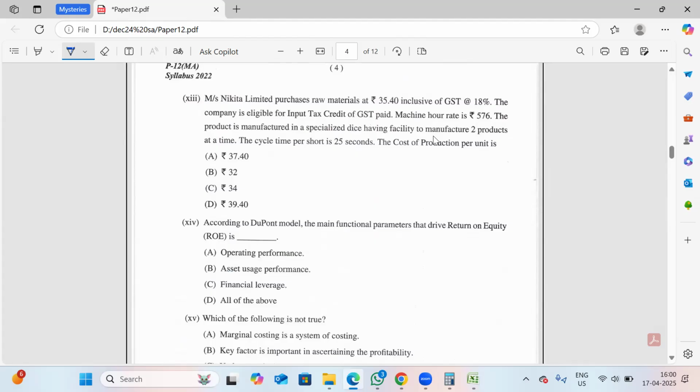Here, this GST part, I can claim it as input tax credit, so there is no need to include this in cost. So 35.4 is inclusive of GST, right? So this part is 118 percentage. So what will be for 100 percentage? That is my question here.